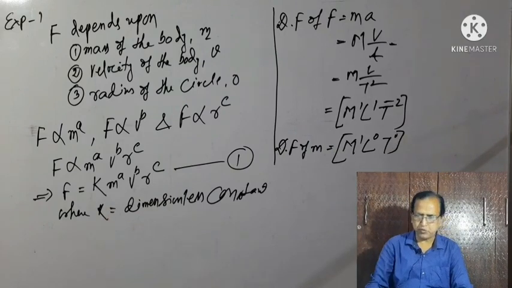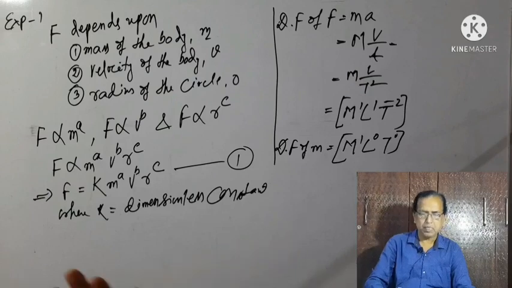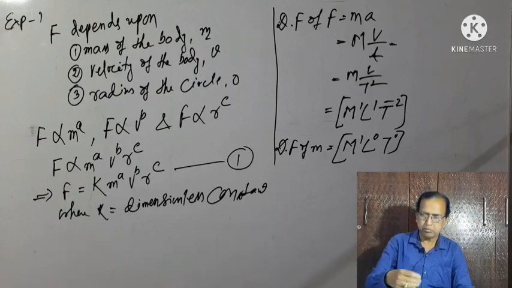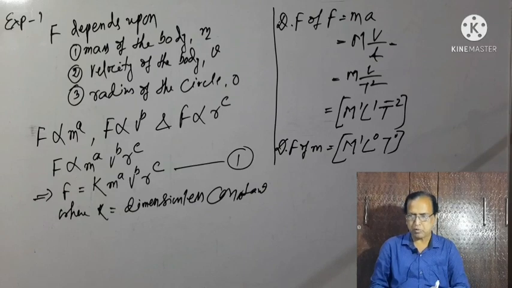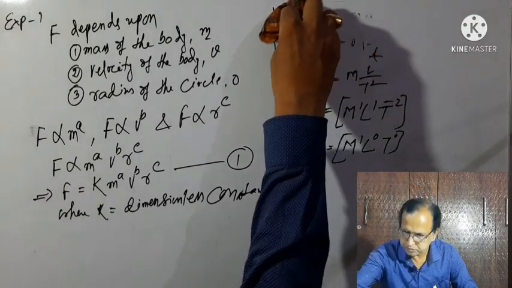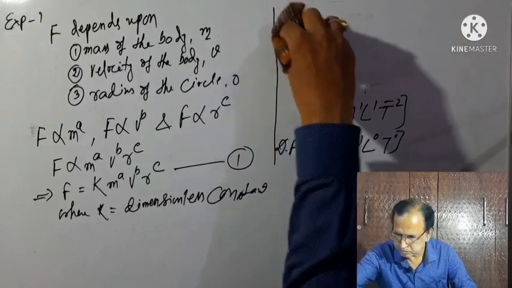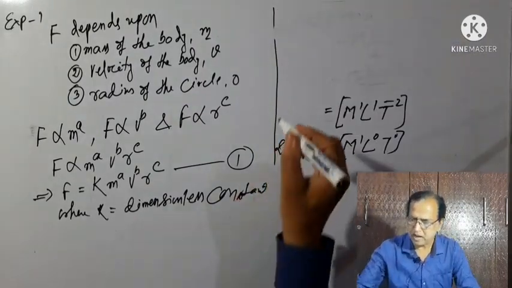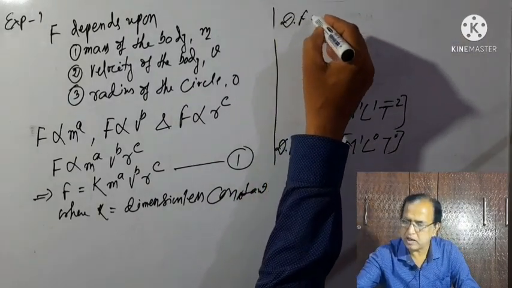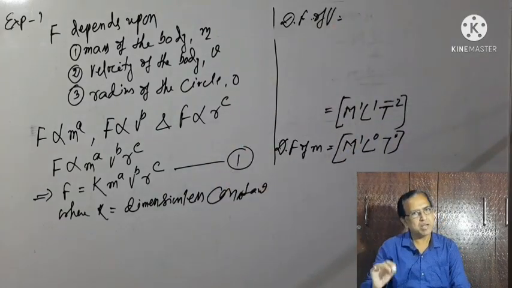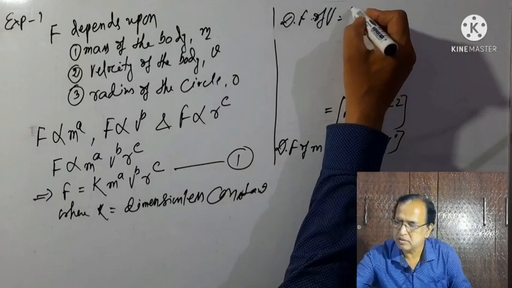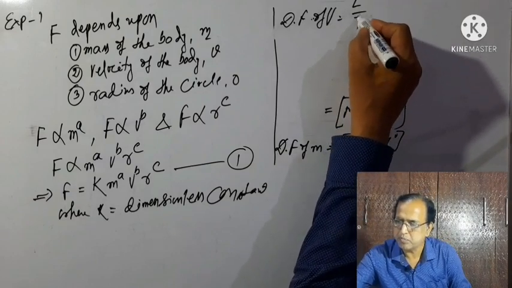So we can find the dimension formula of the force, the mass, and also the velocity and the radius. The dimensional formula of velocity: what is velocity? Displacement by time, that is length by time.